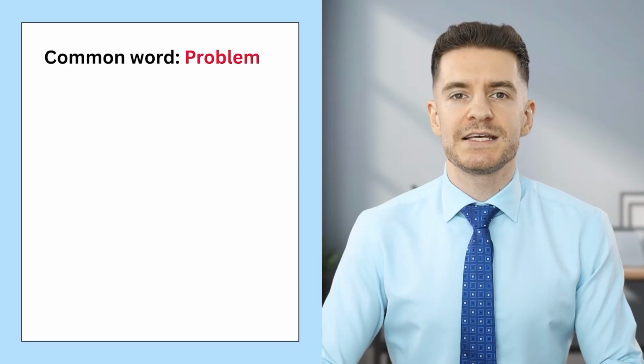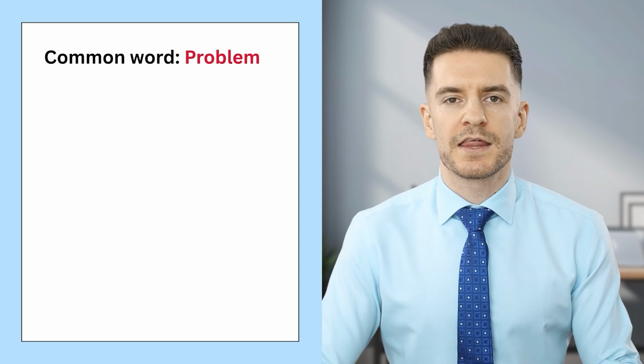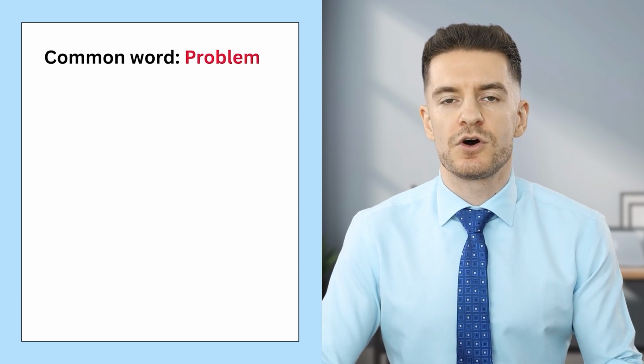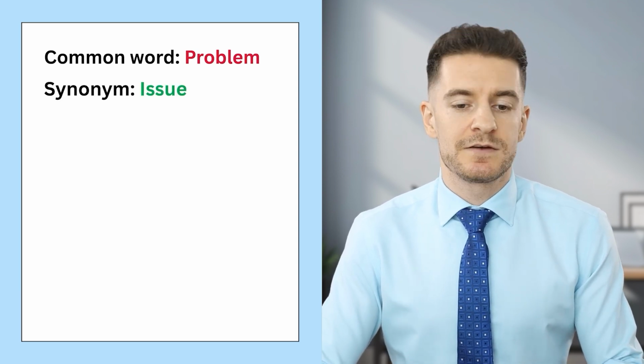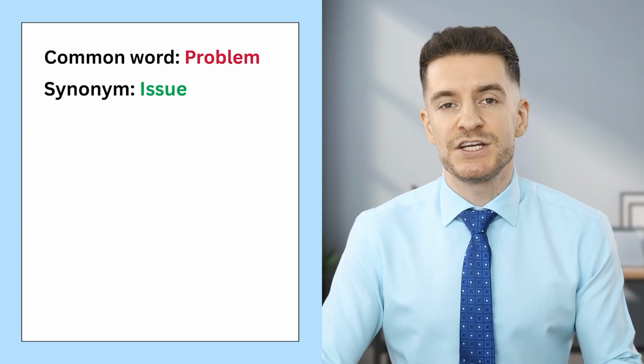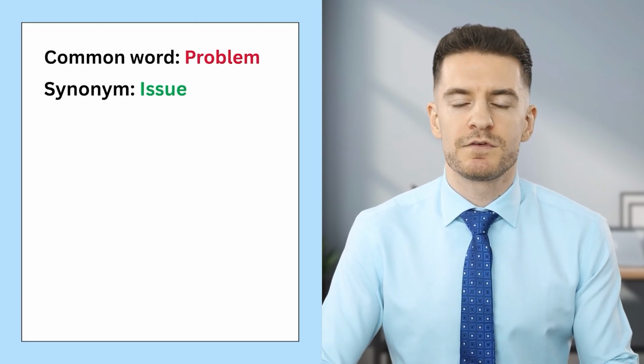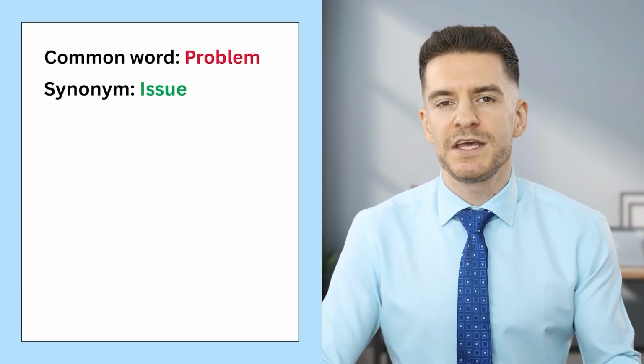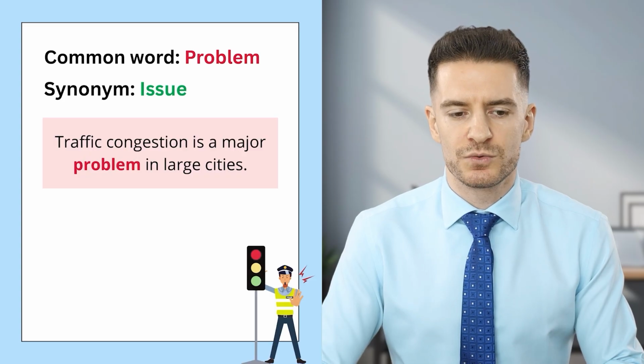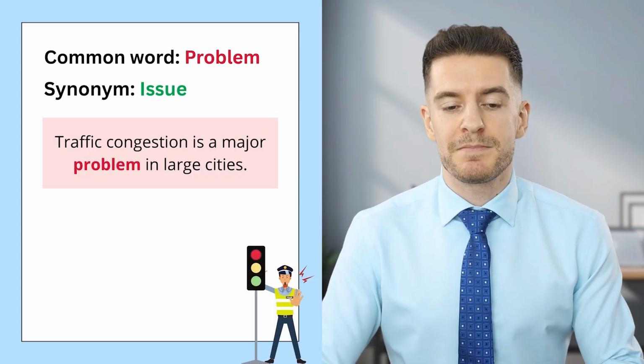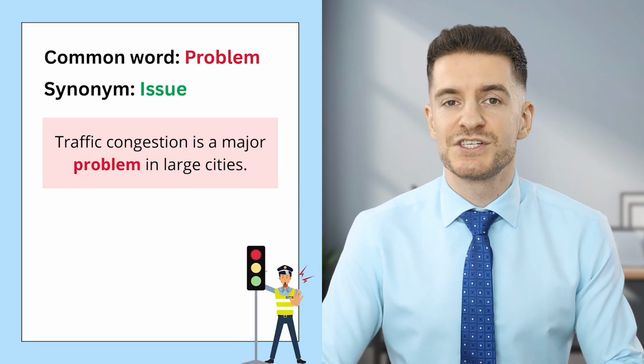Moving on to 26 now, which is problem. Also another very common word which is often overused. Instead of saying problem, you can say issue. Problem and issue have a very similar meaning, but issue is just a bit more professional. Traffic congestion is a major problem in large cities.